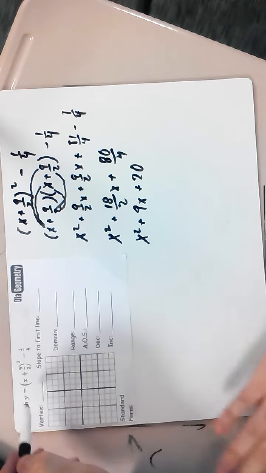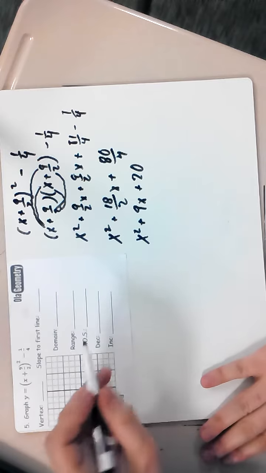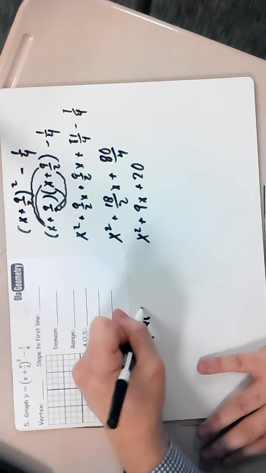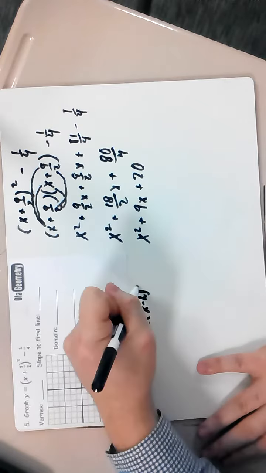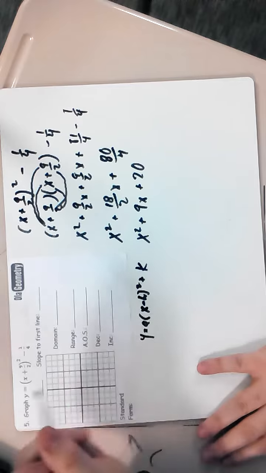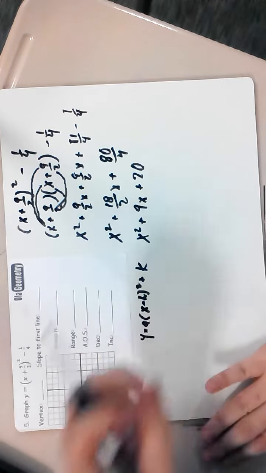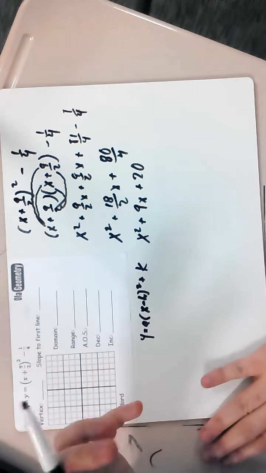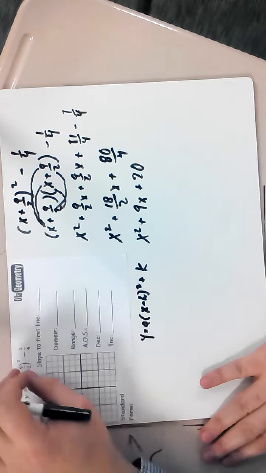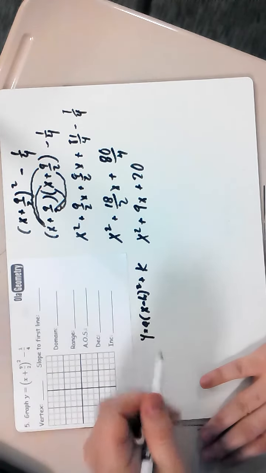Now I'm going to answer the regular questions we typically answer. The vertex: if I have y equals a(x minus h) squared plus k, keep in mind that's a negative there, and when I pull it out of this formula, it becomes a positive. Same goes here. When I pull that 9 over 2 out, it becomes a negative.